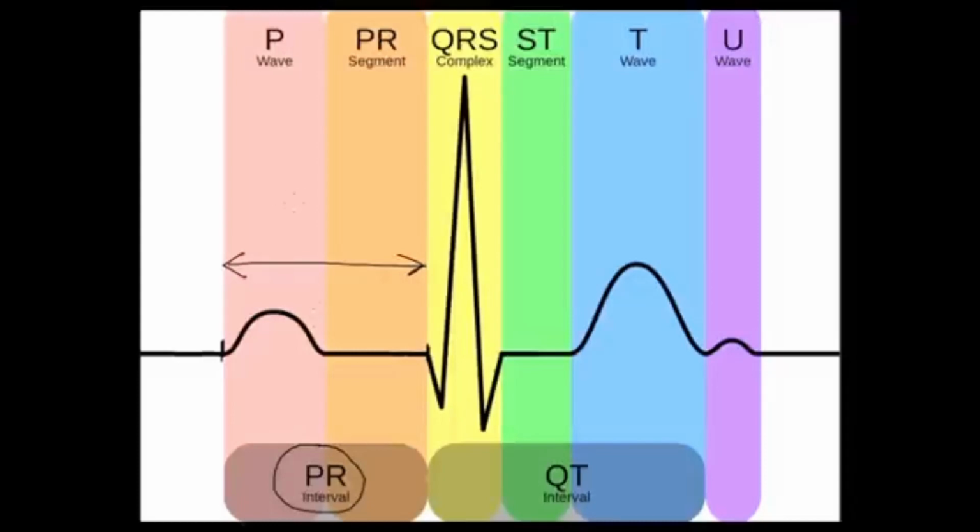The limit for this is 0.2 seconds, or one big box. Remember, one big box has 5 little boxes inside of it, and one big box is equal to 0.2 seconds. So if the PR interval is longer than 0.2 seconds, you are going to have at least a first degree AV block.